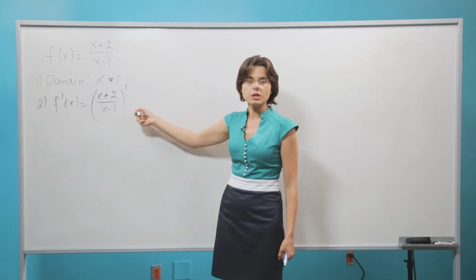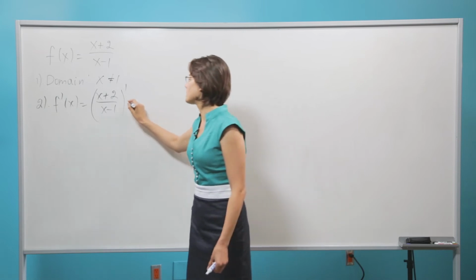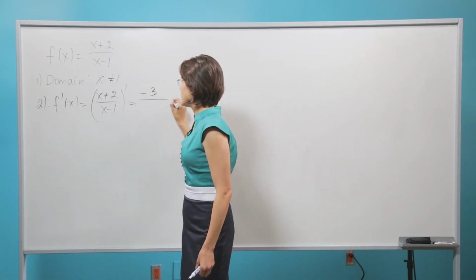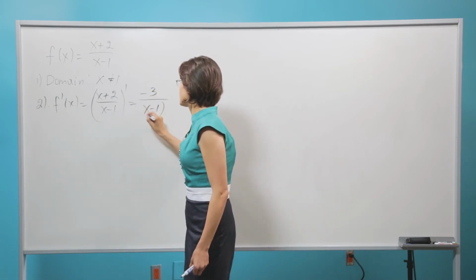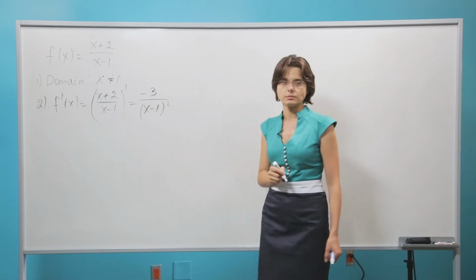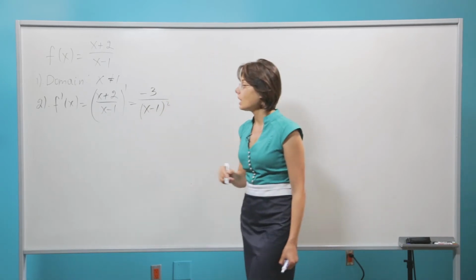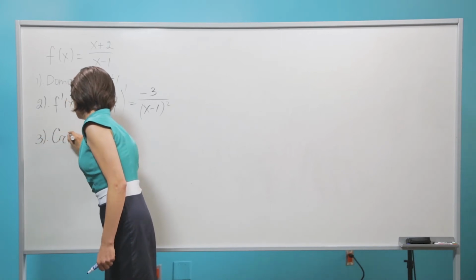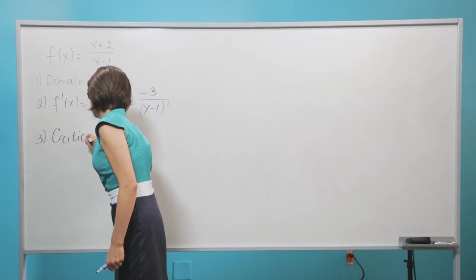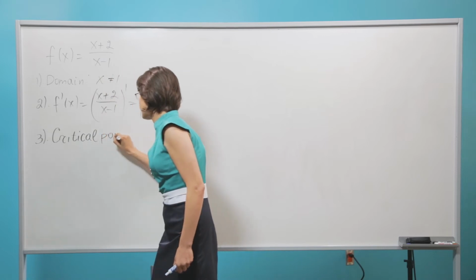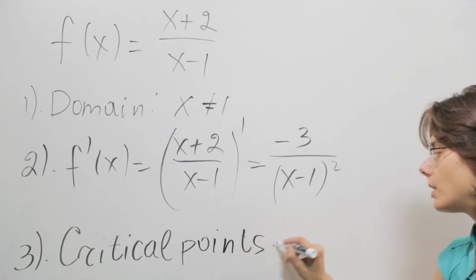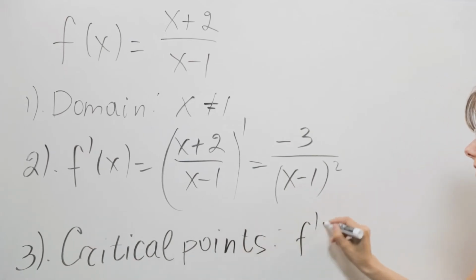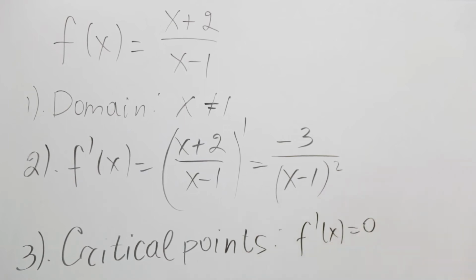Using the quotient rule, you can find that the derivative is equal to negative 3 divided by (x minus 1) squared. Now we wanted to find critical points. These are the points at which the first derivative is 0.